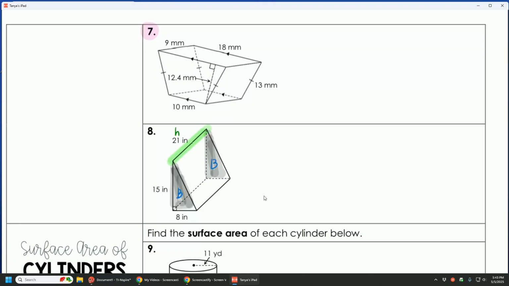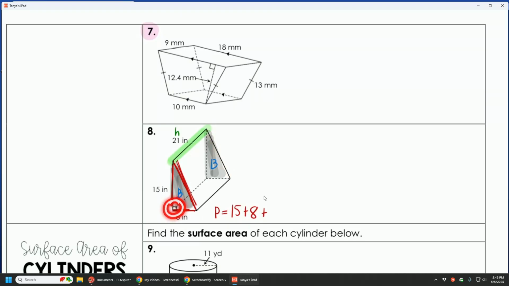But now I want to find the area of one of the bases. Or, sorry, not area, perimeter. So I'm going to put P equals 15 plus 8 plus, I need this diagonal. And it would be the same as the back, only problem the back doesn't have it labeled either.